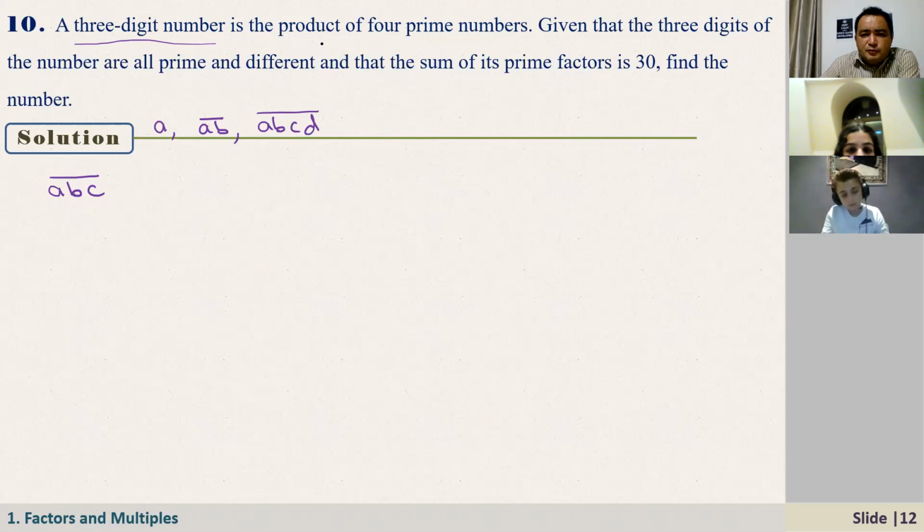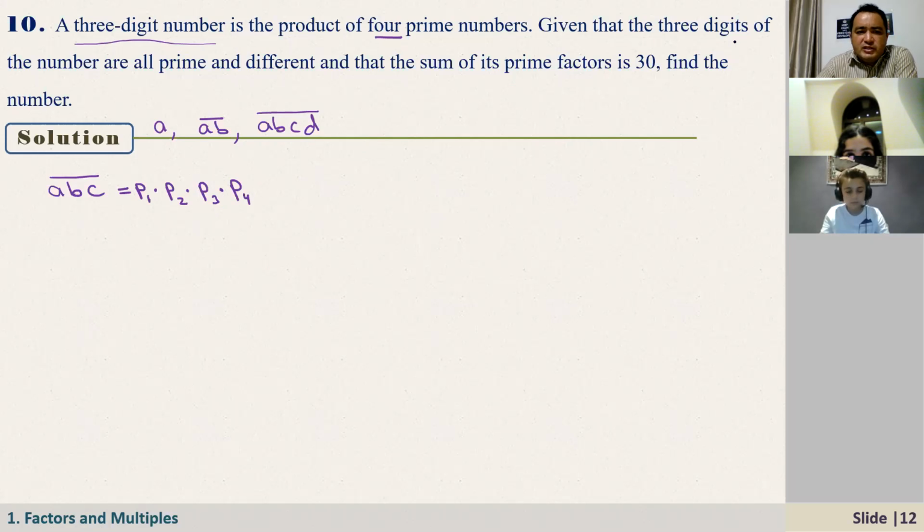It is the product of four prime numbers. That is equal to the product of four prime numbers. Maybe here we have the first prime number, P1, times the second prime number, P2, and third prime number, P3, and fourth prime number, P4. Four prime numbers, all are prime.